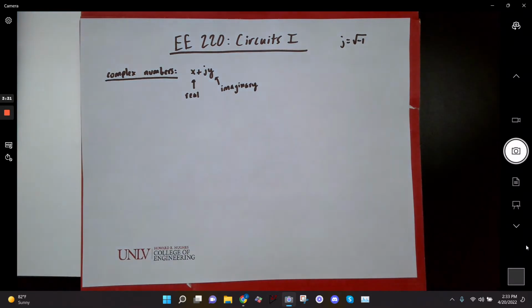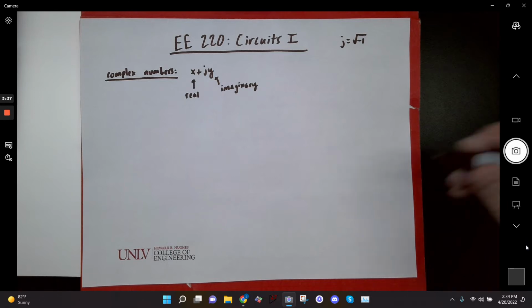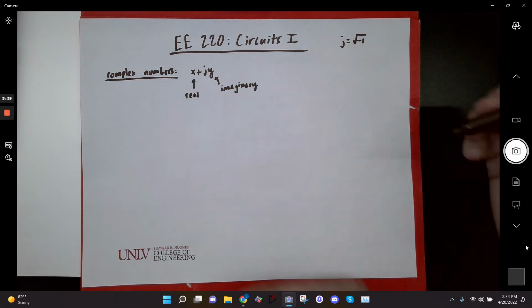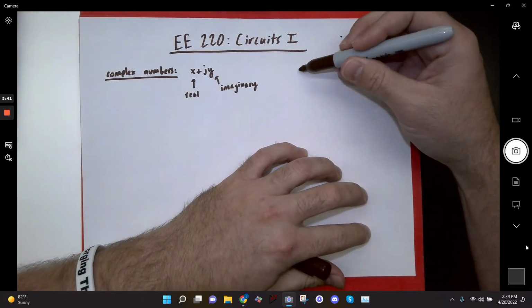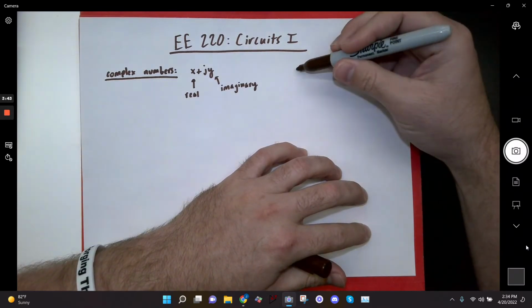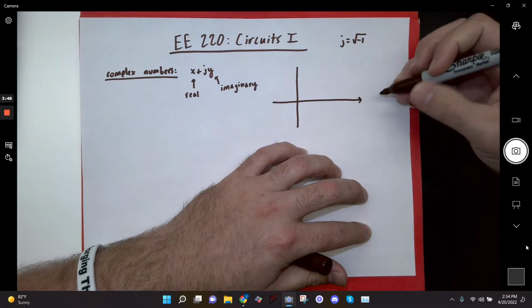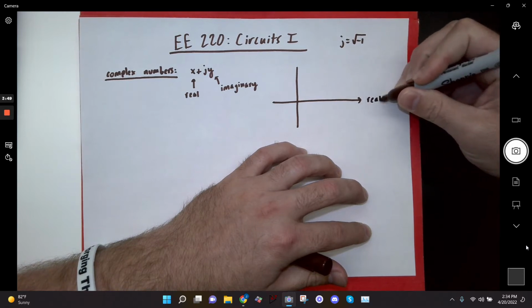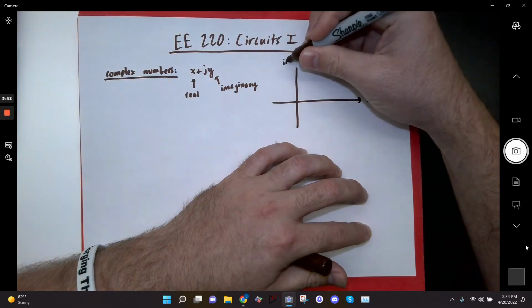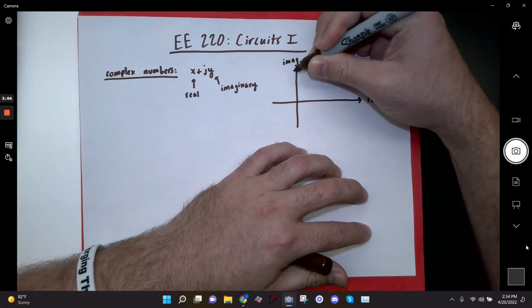And when you have a complex number, you can plot these numbers in the complex plane. Maybe you do or don't remember the complex plane. The complex plane is basically where the x-axis is the real and the y-axis is the imaginary.